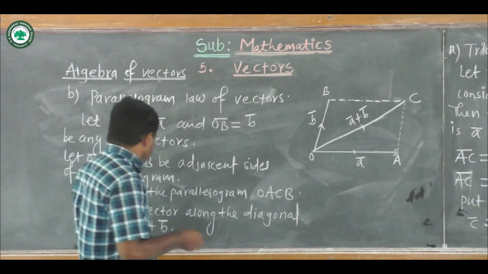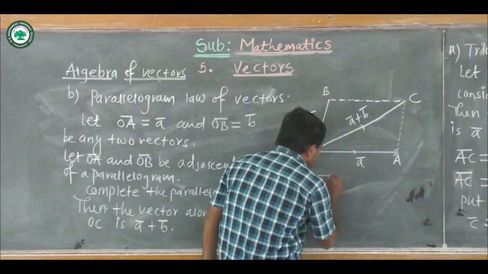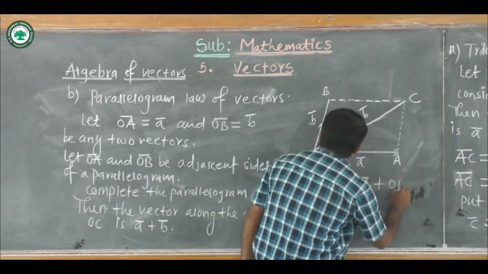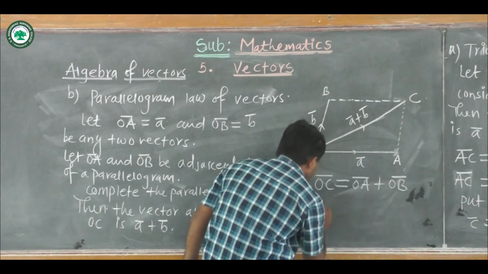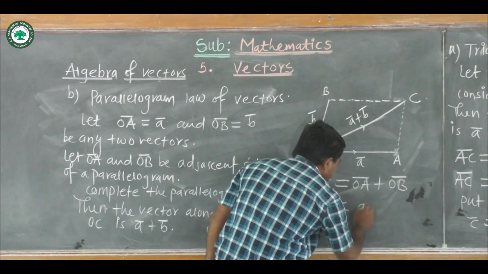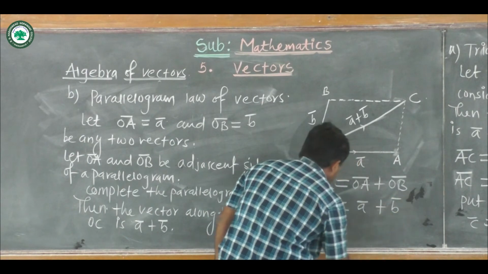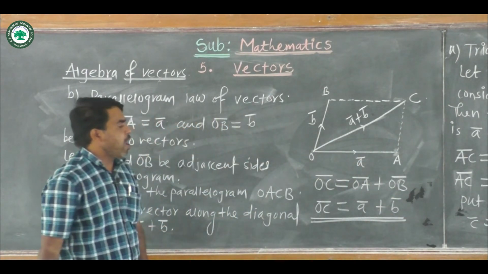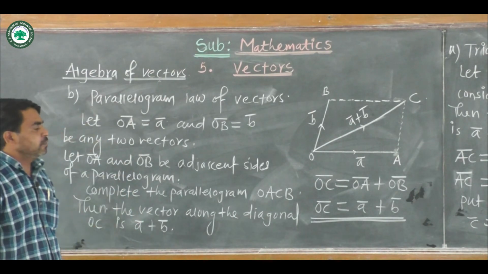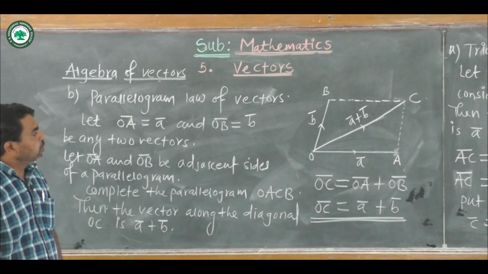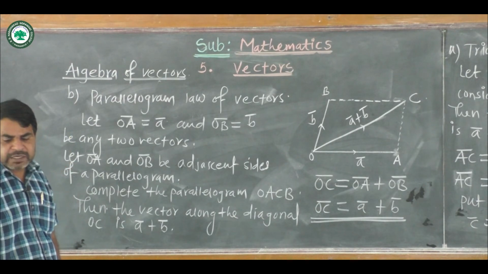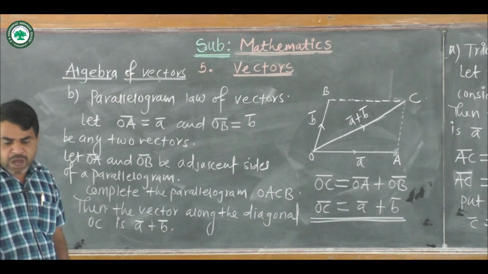So therefore OC bar is equal to OA bar plus OB bar, and so OC bar is equal to A bar plus B bar, and this is called the parallelogram law of vectors.